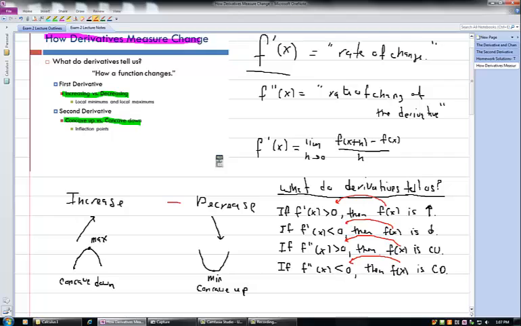The way you can remember this, it's very simple to remember.